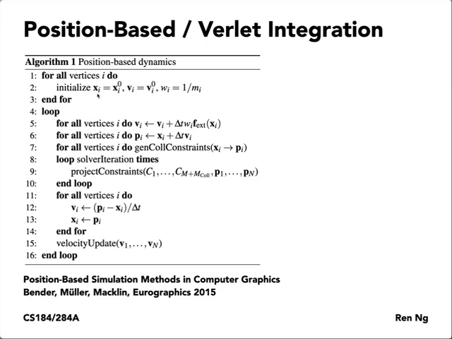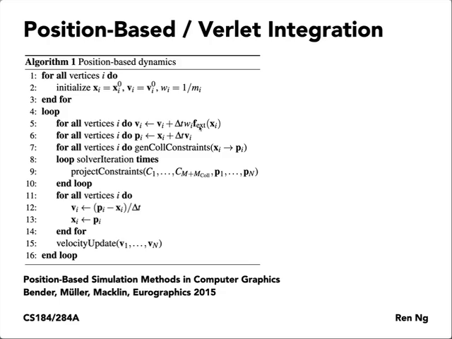So you initialize the positions x sub i and velocities v sub i, and also the masses m sub i that are applied to some weights w sub i, for force equals ma, for each of the particles from i equals 1 up to n. Okay, so you have n particles in this system. Then we loop, and for all the particles, we update the velocity using f equals ma. That's what this update term represents.